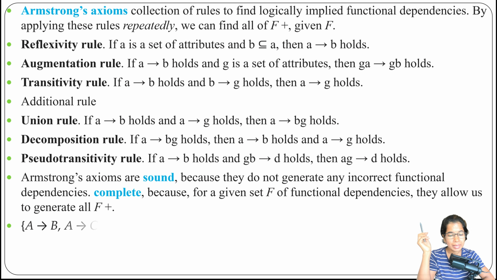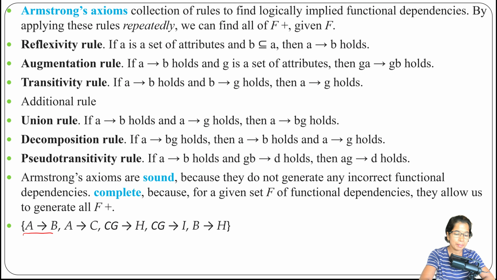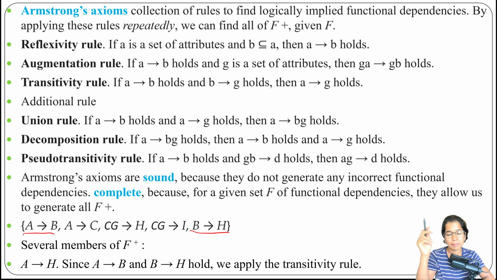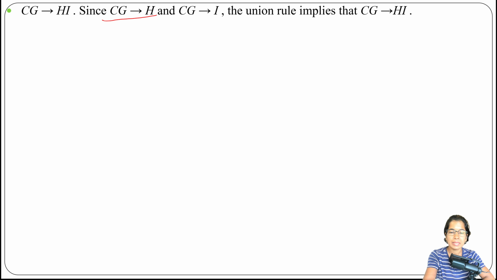Let's see this same example. These are the set of functional dependencies given. Now A implies B, B implies H. So A implies H by using the transitive rule. Next, CG implies H, CG implies I. We can use the union rule, so we can combine H and I: CG implies HI.